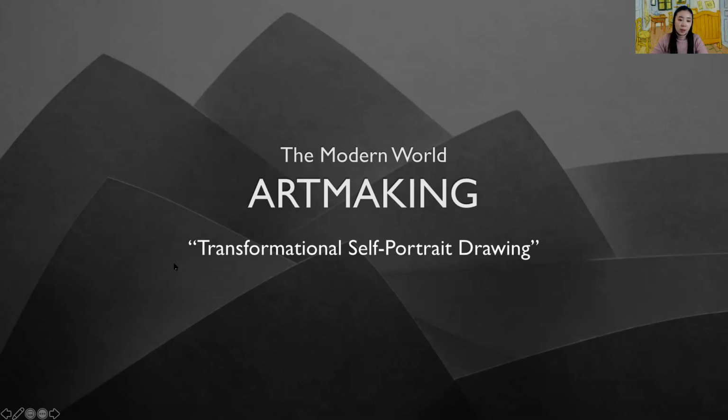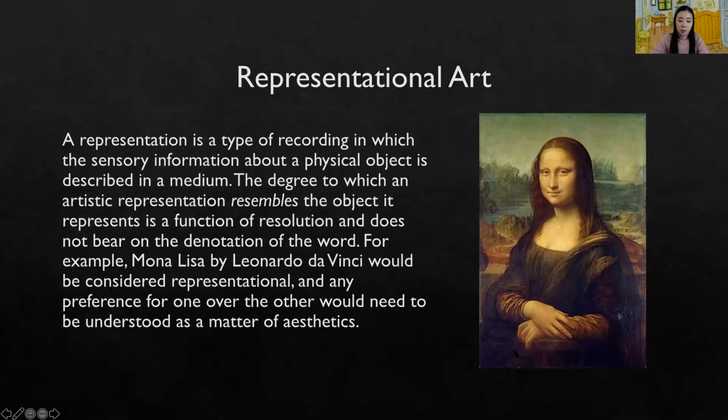This is a transformational self-portrait drawing, which is based on what we learned last class, modern art. So we learned the history of art, and we saw it shows dynamic changes over thousands of years.